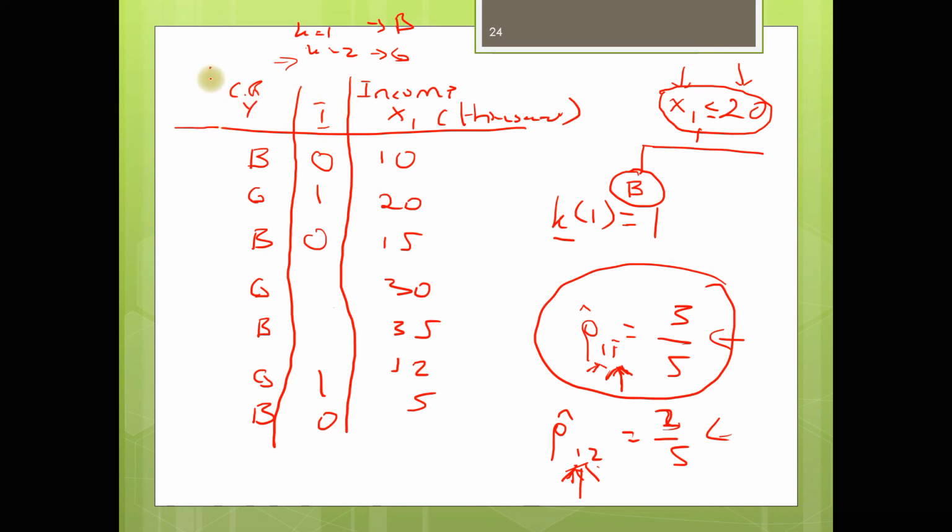So k1 is classifying all these records that are less than 20 as 1, means bad. So all the records that are less than or equal to 20,000 are these. So what our algorithm is telling us, we have to classify all these as bad.